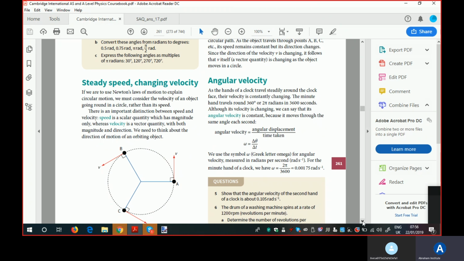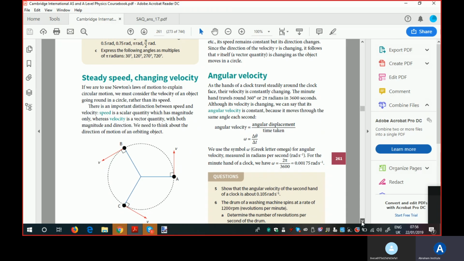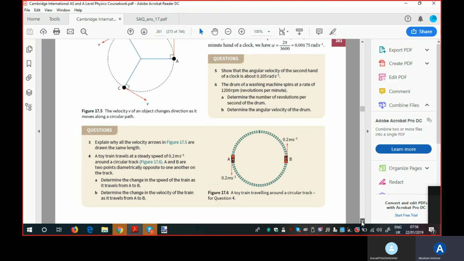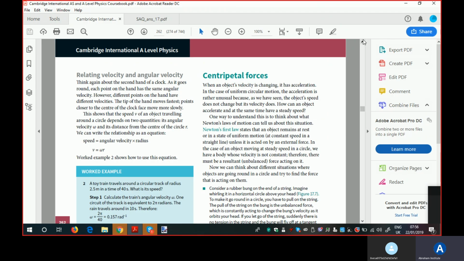So angular displacement is how much of the angle is swept, and that divided by the time for the angle to be swept is the angular velocity. The angle we give here in radians, so the unit of angular velocity will be radians per second. There are questions there which we can do.